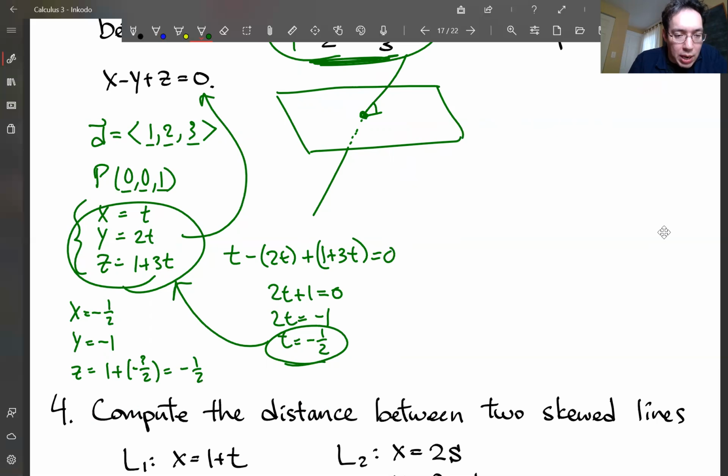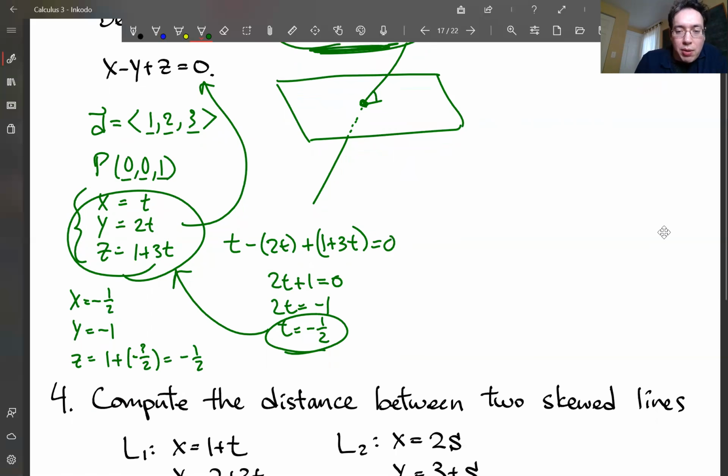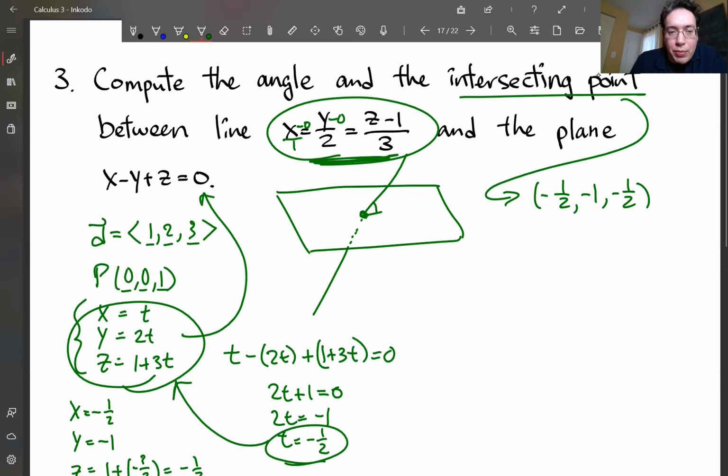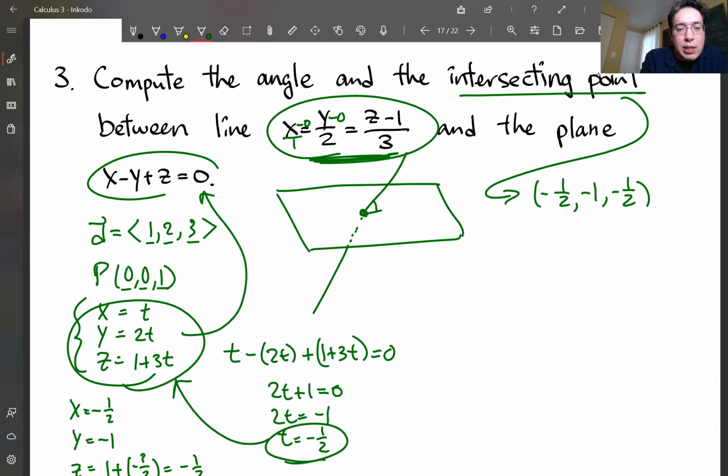So that's -1/2. Okay. So the point of intersection is going to be -1/2, -1, and -1/2. Okay. All right. And I can double check that if I plug those x, y, z in there, it does satisfy the equation of the plane. So it is on the plane.